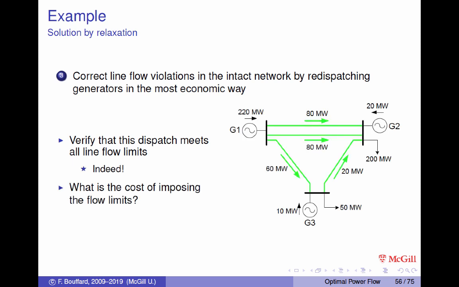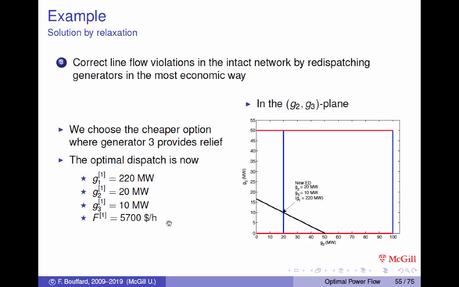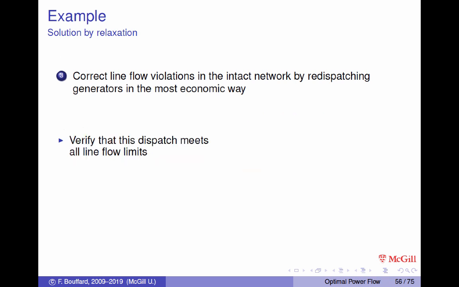So now we can check if everything is in order. Generator G1, sorry, I forgot to mention, has had to back down by 10 megawatts from 230 to 220. This is picked up by generator 3, and generator 2 is still at 20 megawatts, regulating the mix.